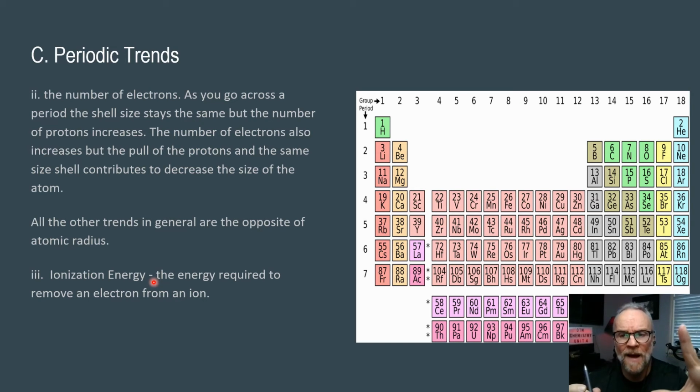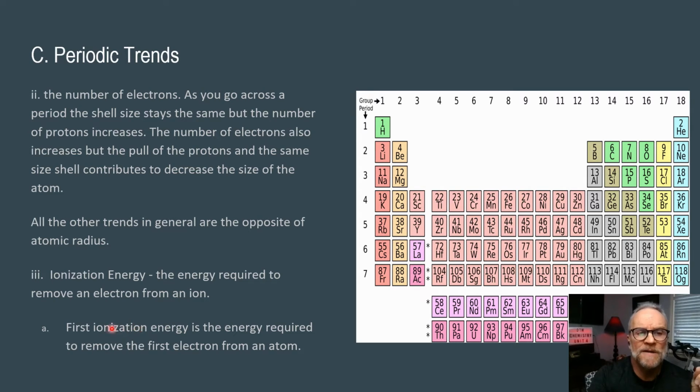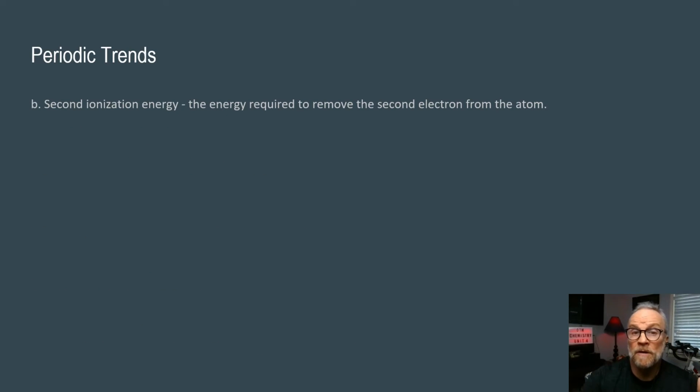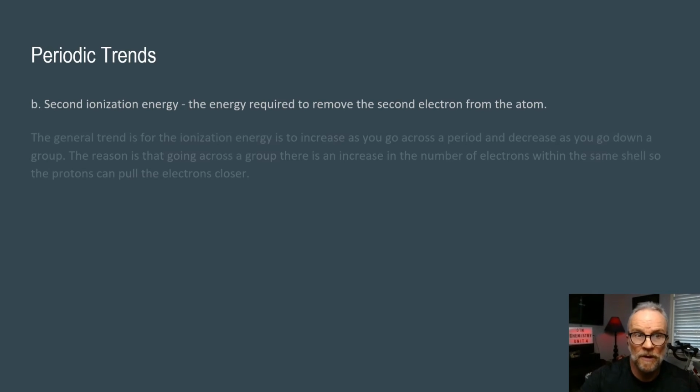It's usually from that outer shell. So the energy required to remove an electron from that; this should read an atom there instead of an ion. Okay. It says here, first ionization energy is the energy required to remove the first electron from an atom. Second ionization energy is the energy required to remove the second electron.